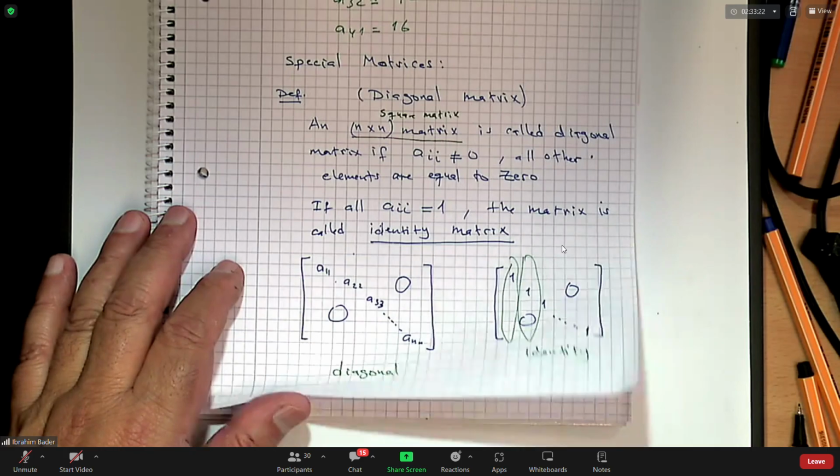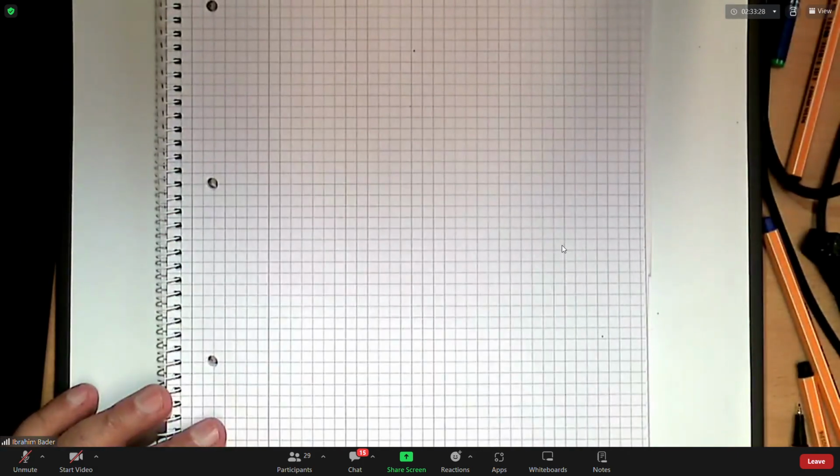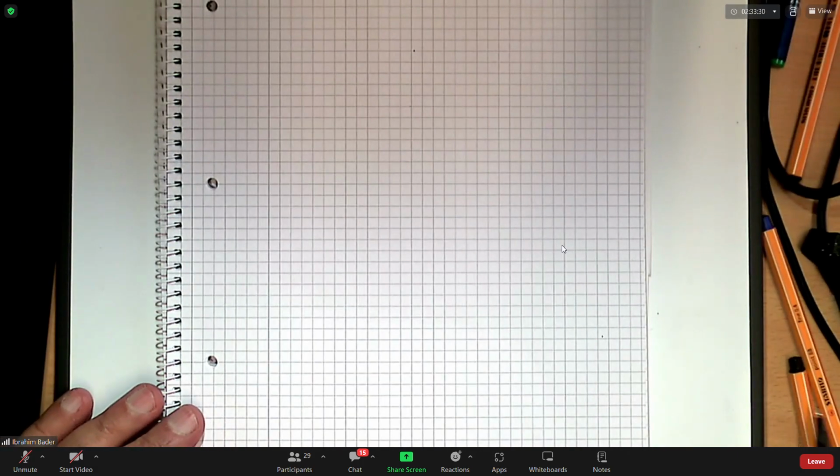Equality of matrices. Obviously, equivalent matrices are a topic here.